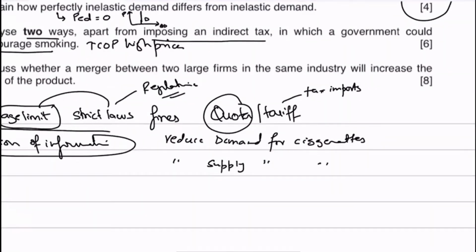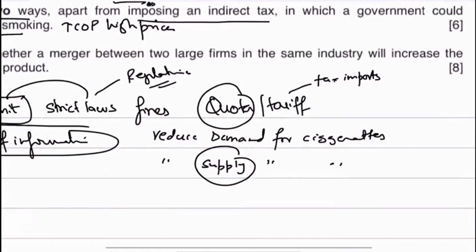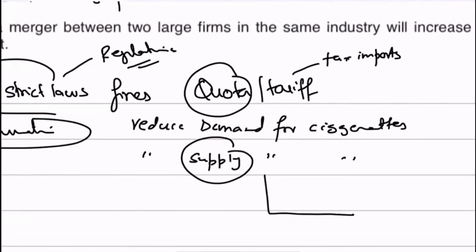So less cigarettes will be available. And if supply goes down, it increases the price of the cigarettes as well. That would not only reduce the amount of cigarettes being sold in the market, but also increase the price. So that is a supply side thing.